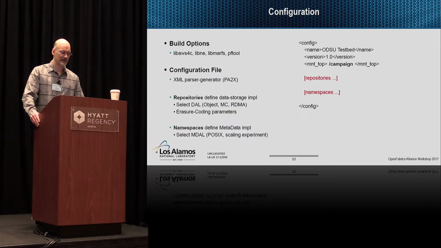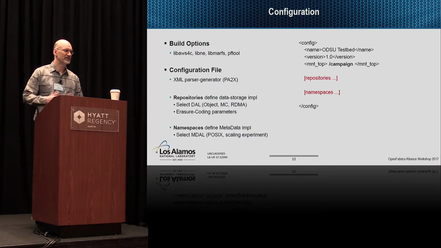Here's what the config file looks like, just an XML file on the right there. I'll show you some of the namespaces and repositories in a minute. So the config file shows a top-level mount point there, /campaign.